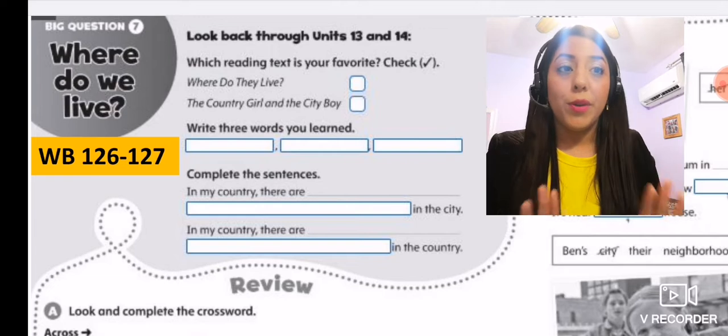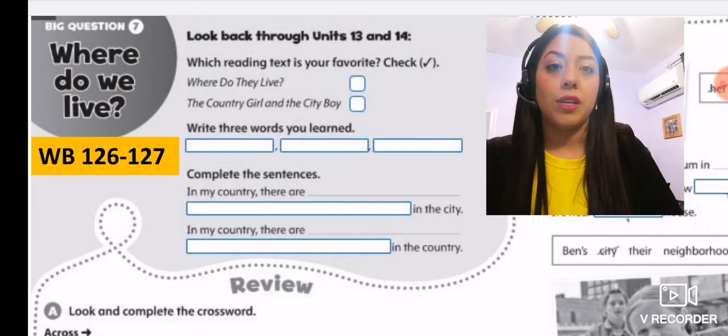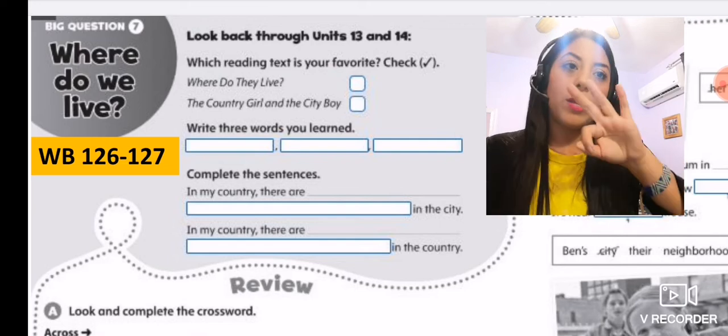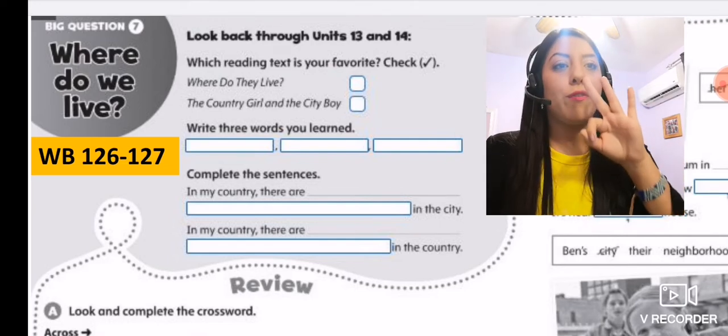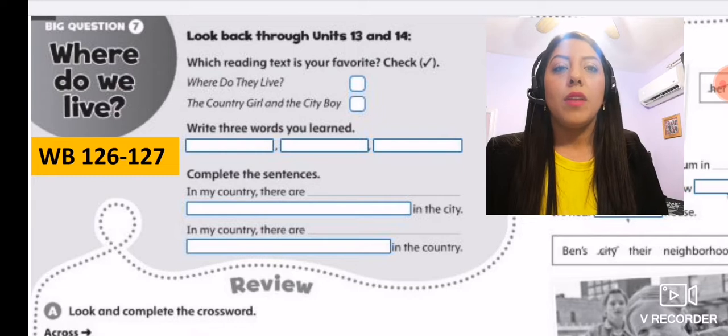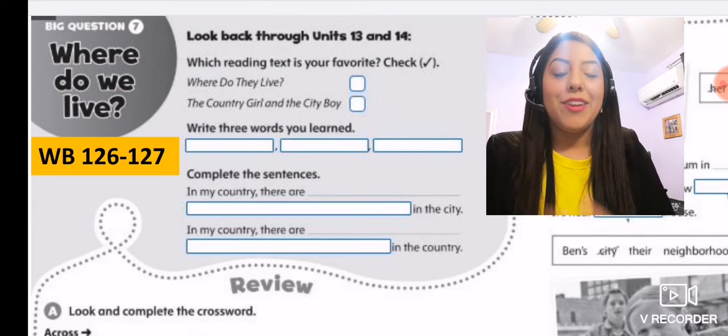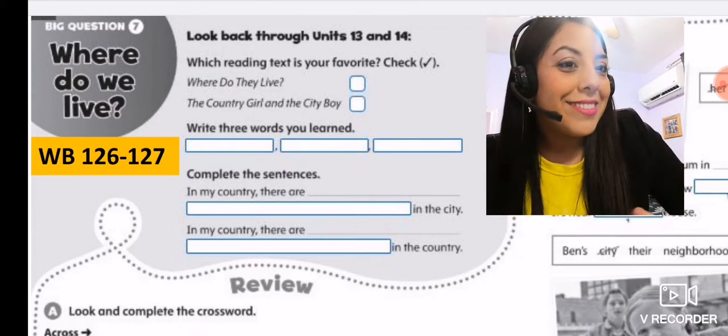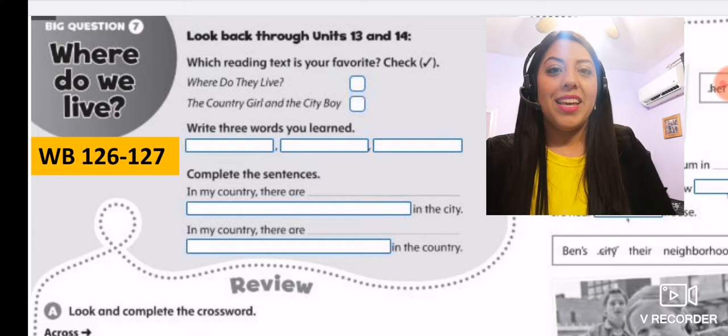If you don't remember any word, you can go back to your book, check the vocabulary words, and write 3 of them. 3 of your favorite words. Now, complete the sentences. In my country, there are what in the city?